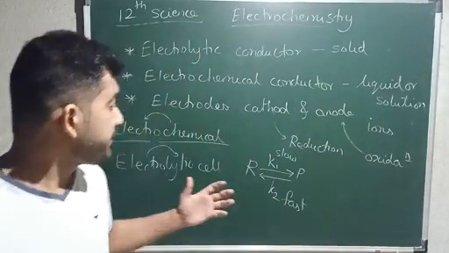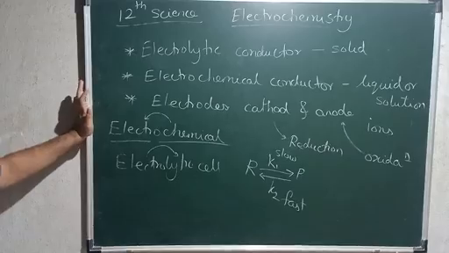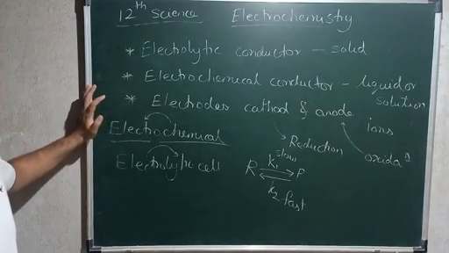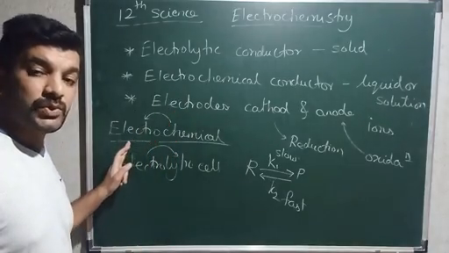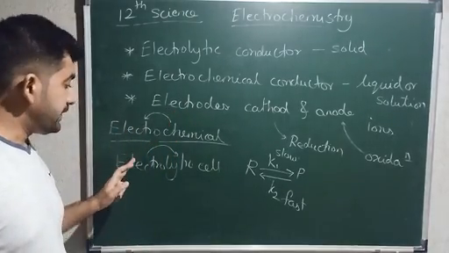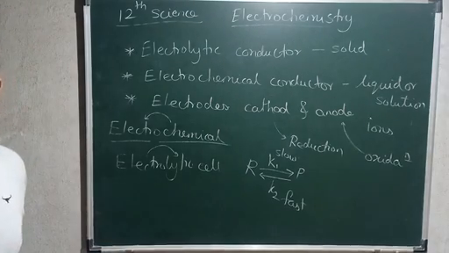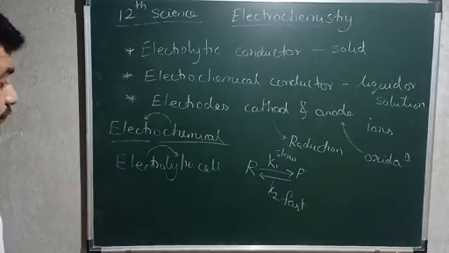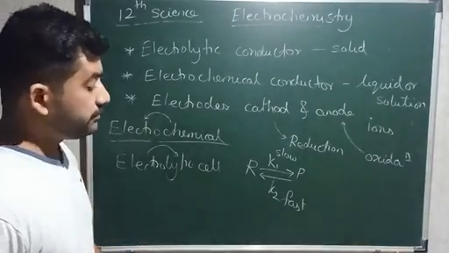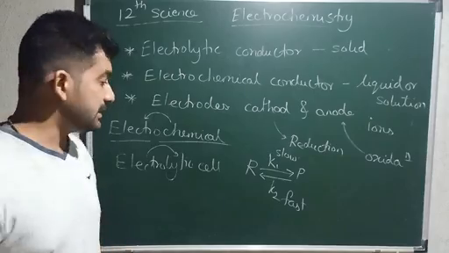So in that way we can understand that an electrochemical cell is a cell in which chemical energy is converted into electrical energy, and electrolytic cells are those where electrical energy is converted into chemical energy. So in this way we are going to study the next part.